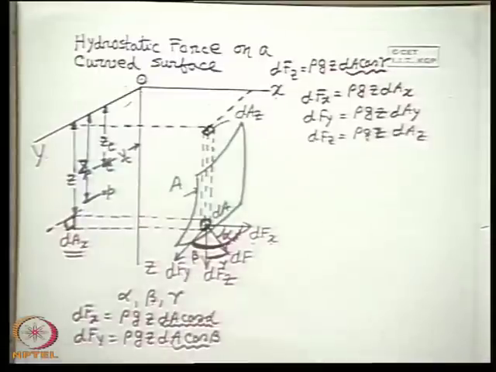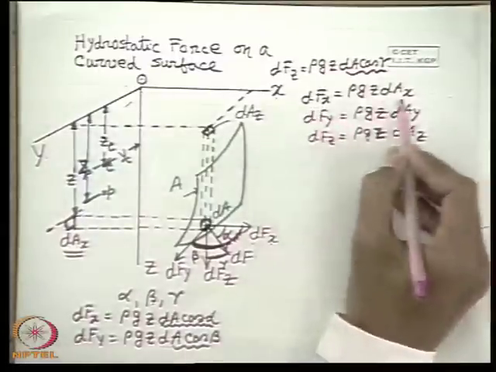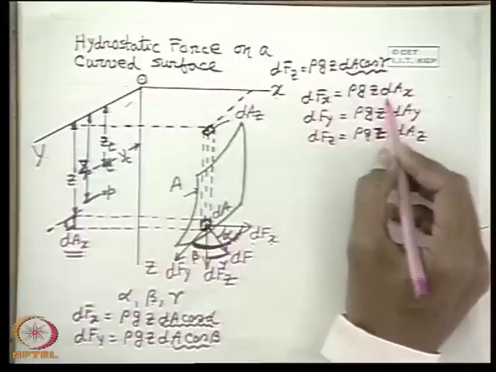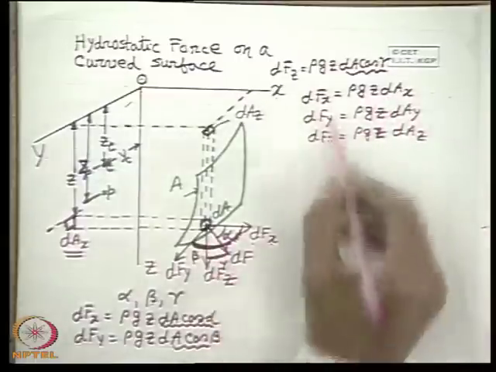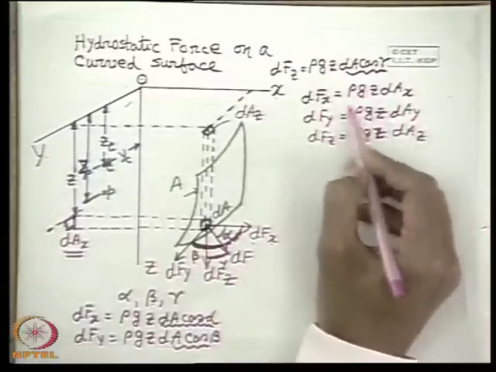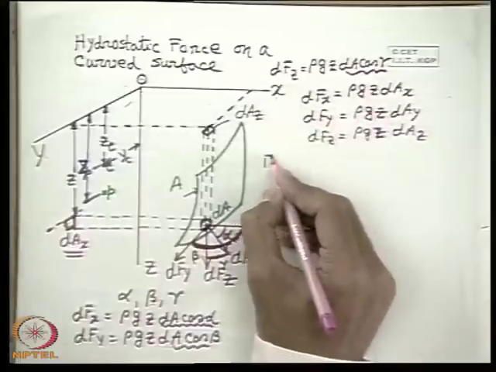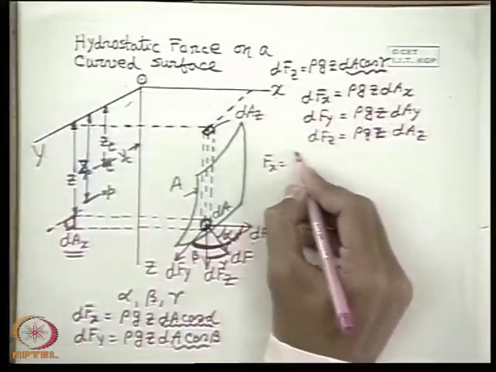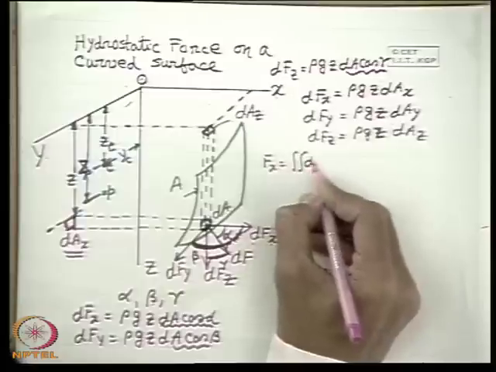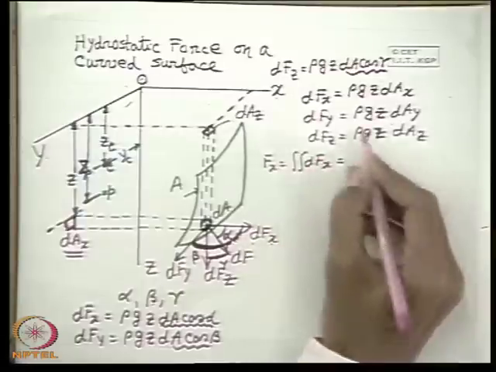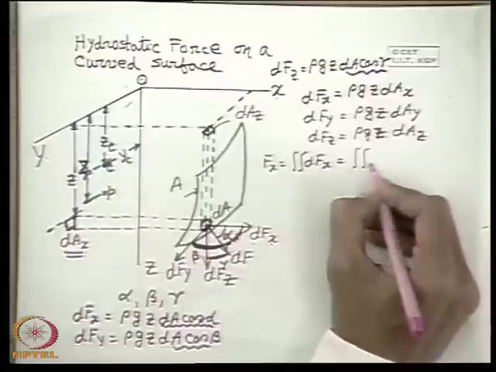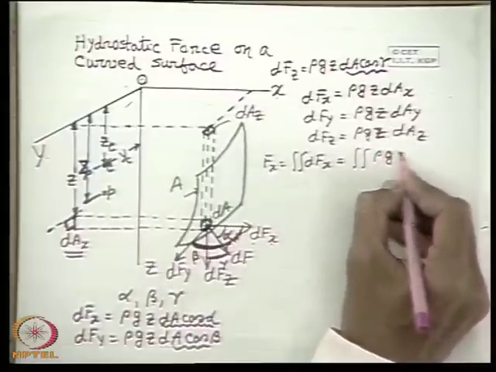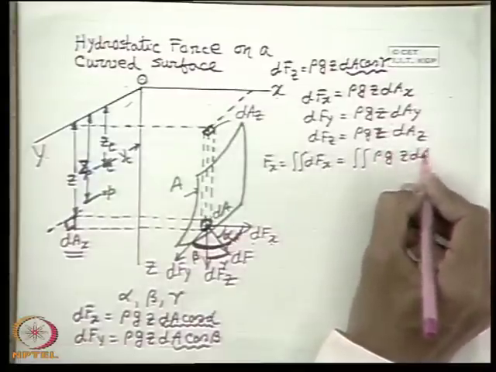Now you see that if we now integrate, the different direction component forces of this elementary force F are made. Now we can make a scalar sum. That means now we can tell Fx as the double integration of dfx, which is equal to rho g z dAx.